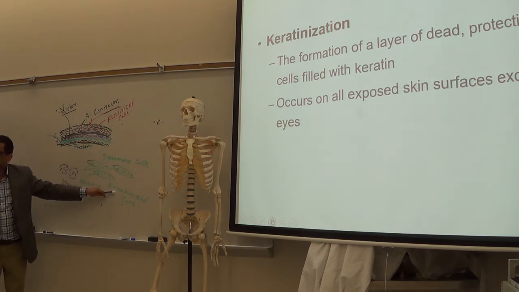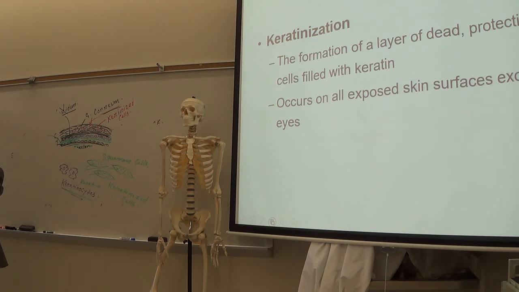Make sense? So if I ask you in your exam that those cells produce and secrete keratin, those are called what? Keratinocytes. And those flat cells, squamous cells, receive keratin. Those are keratinized cells. Make sense? Good.